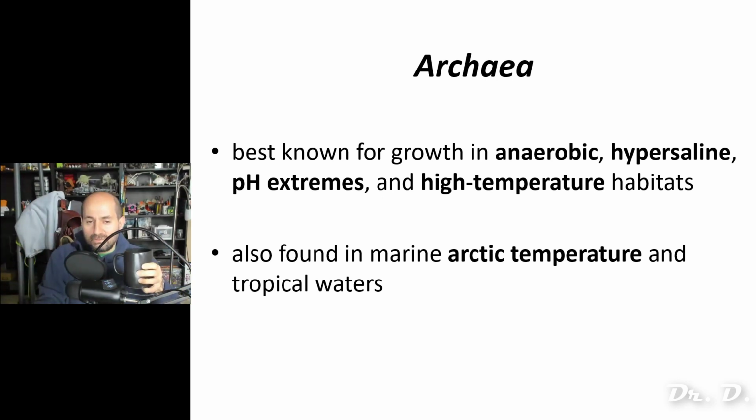So mesophiles, neutrophiles, these types of bacteria prefer to grow on humans, okay? These Archaea don't cause diseases in humans very often because the human body is not an extreme enough environment for growth, okay? So that's kind of how it works there.